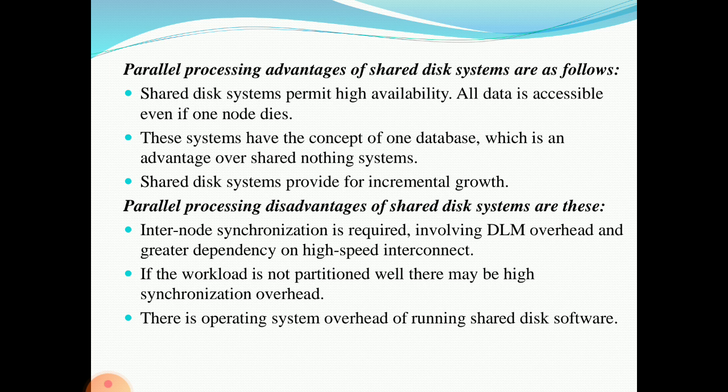Even if one node dies, the others will take control of the other nodes, so we cannot say the network has failed; even if one node fails, the process will go on as usual. And this system has the concept of one database, which is an advantage over shared nothing systems.